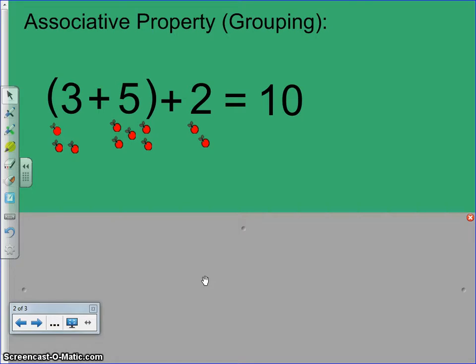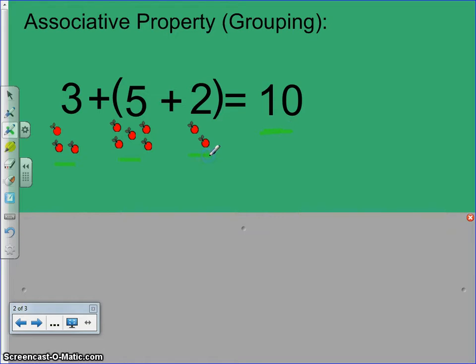And basically, what the associative property is telling me is that I can actually take these parentheses and move them, and I can group the numbers in any way I want, but it's still going to give me the same answer. If I add 5 plus 2 first and then add 3, I'm still going to get 10.